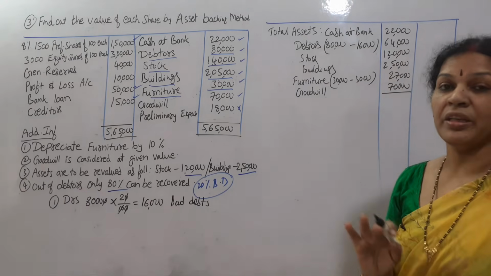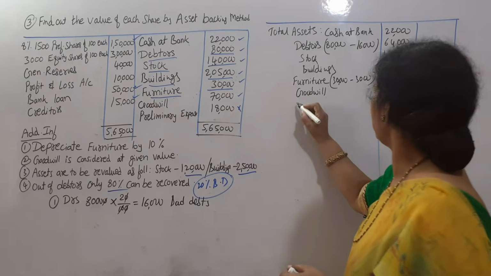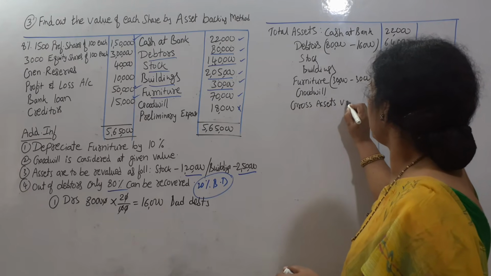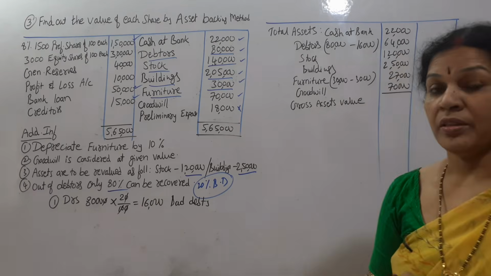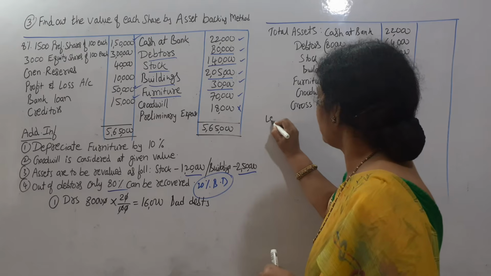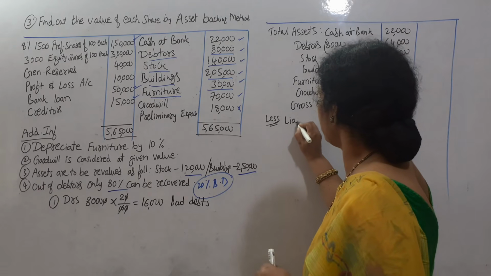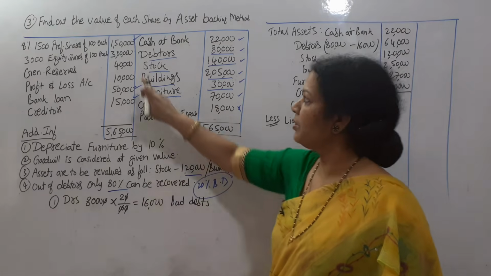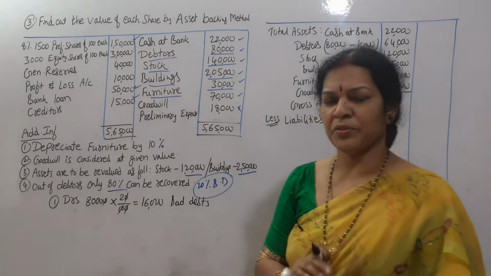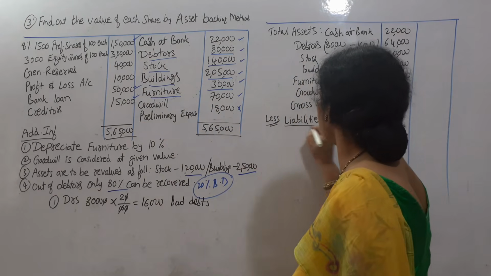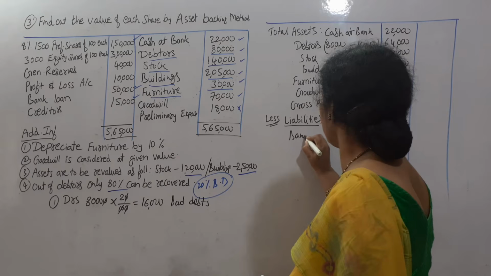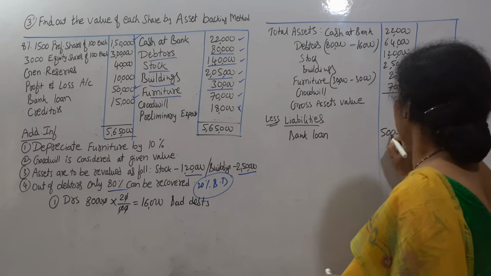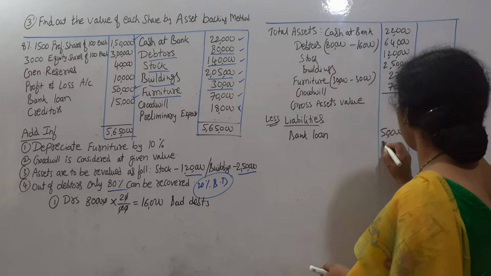Now if you total up, you will get the gross assets value. This minus the liabilities. What are the liabilities we are going to consider? Preference shares, bank loan and creditors. First we will write bank loan, 50,000, and creditors, 15,000.